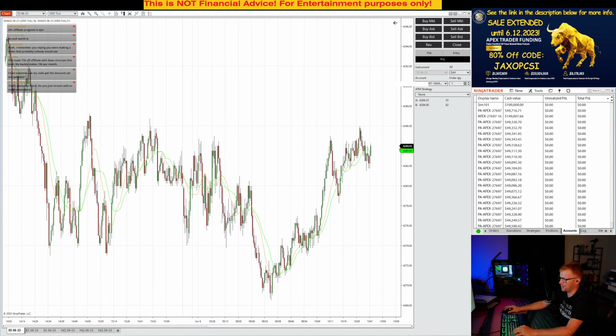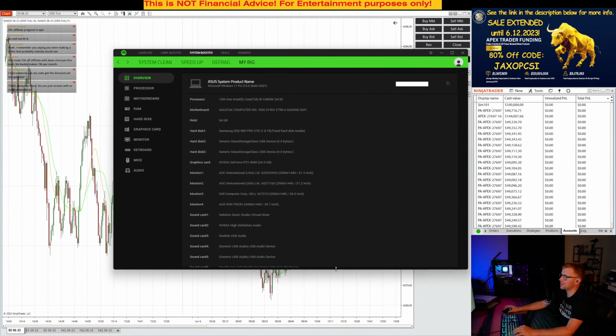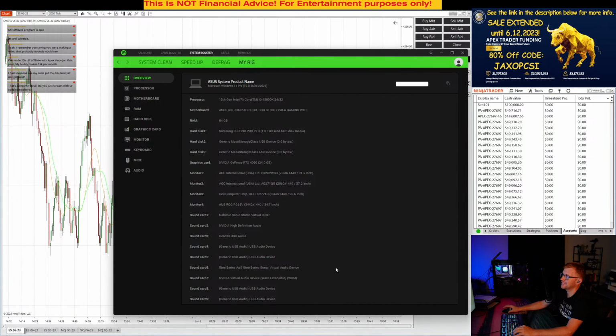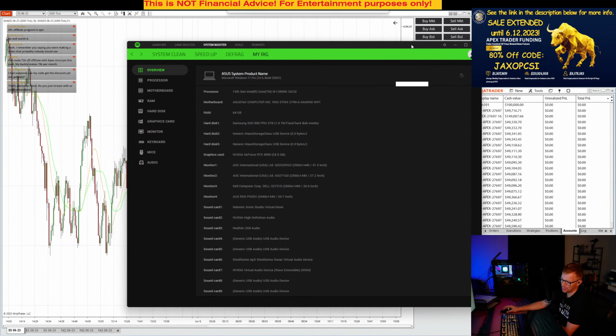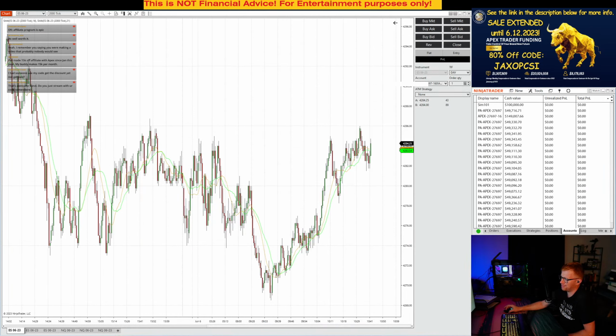What do we want to do? Oh yeah, you wanted to see my new PC here. So here's the new PC build. It's very nice. 24 cores, i9 13900, 64 gigabytes of RAM, 2 terabyte solid state drive, the 4090 graphics card, and etc. But this thing definitely shouldn't have any issues running multiple programs at the same time. Oh wow, Steve, really?